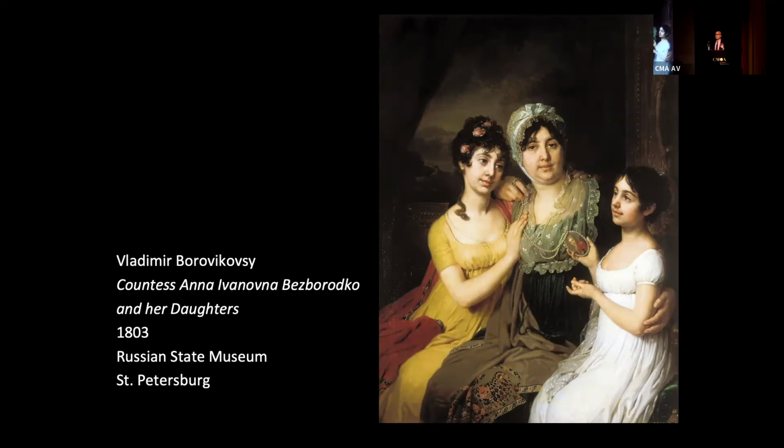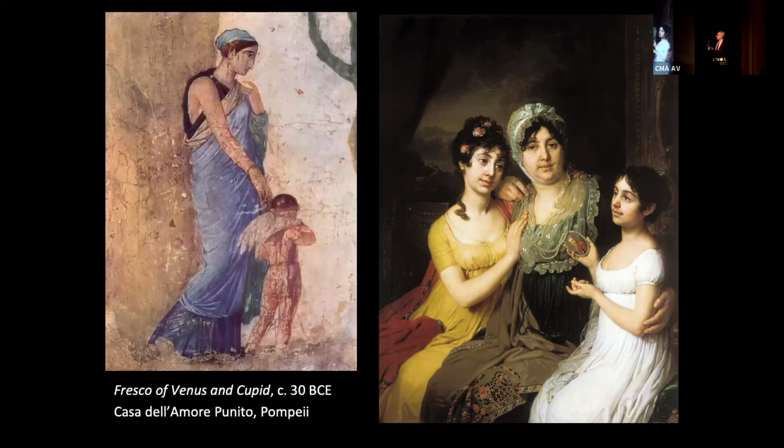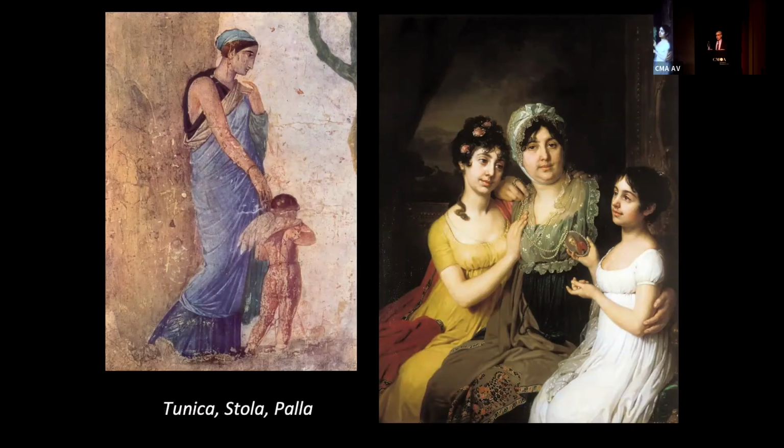But again, there's this discussion of, is this part of the neoclassicism, the Greek and Roman revival of the late 18th and early 19th centuries? And these outfits do in some ways bear a resemblance to ancient Greek and especially ancient Roman dress. This is a fragment of a fresco from Pompeii from ancient times, showing a woman, actually the goddess Venus with Cupid, wearing the classic outfit of a Roman woman, which would include garments which are called the tunica or tunic, which is a kind of sleeveless undergarment.